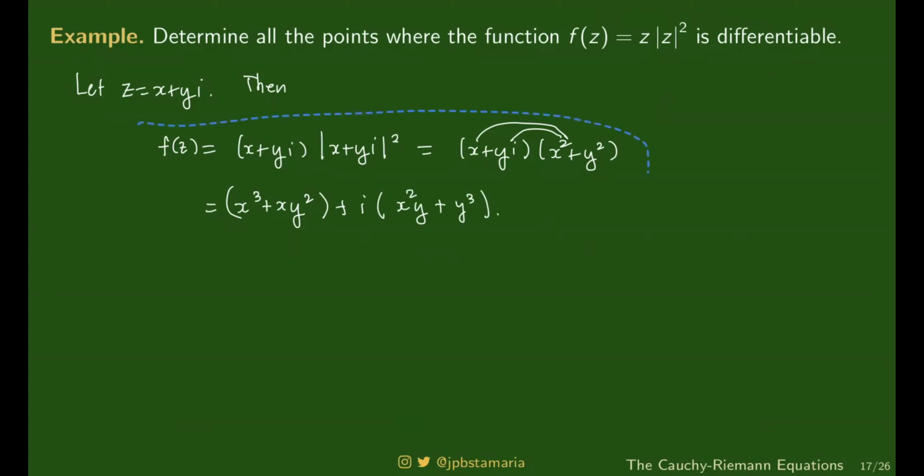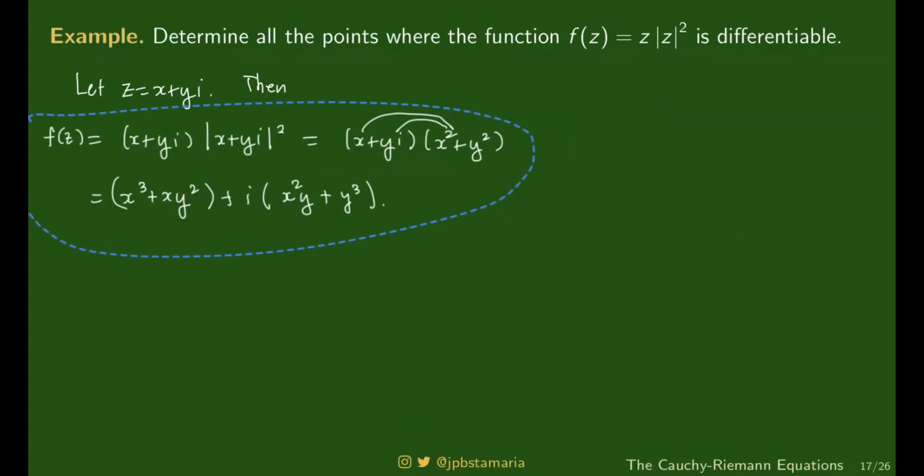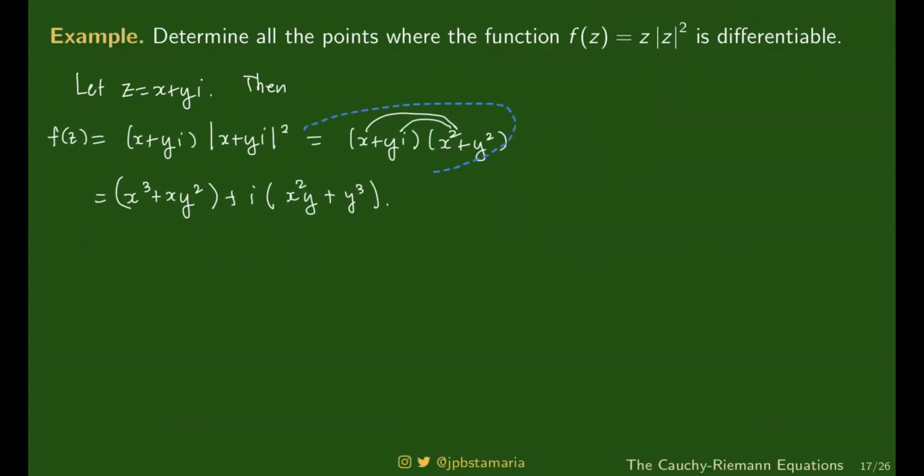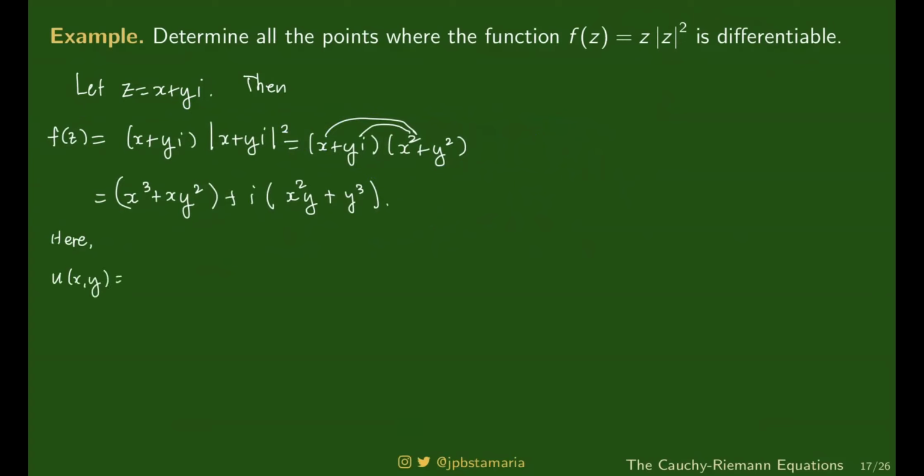Can I just place it here para hindi sayang yung space? Okay? So here, ang u of xy ay x cubed plus xy squared at ang v of xy ay what? X squared y plus y cubed, correct?